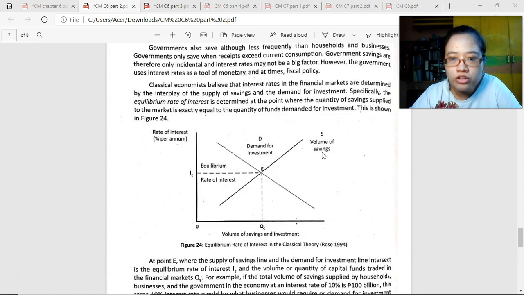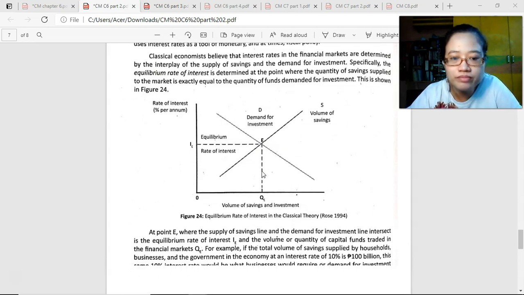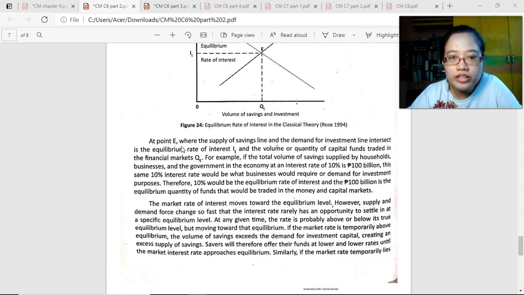So, have your volume of savings, and then you have this demand for investment. Ito yung equilibrium nila. And this is the interest rate. Alright? At point E, where the supply of savings line and the demand for investment line intersect, is the equilibrium rate of interest and the volume or quantity of capital funds traded in the financial markets.